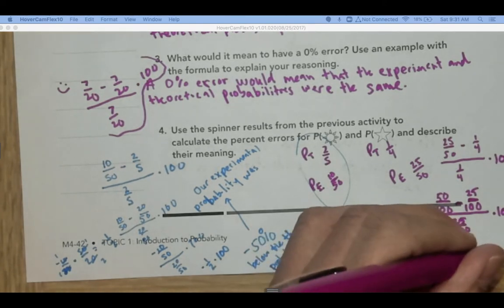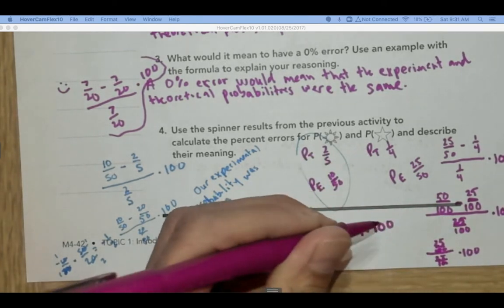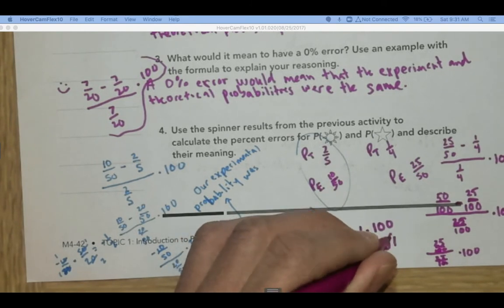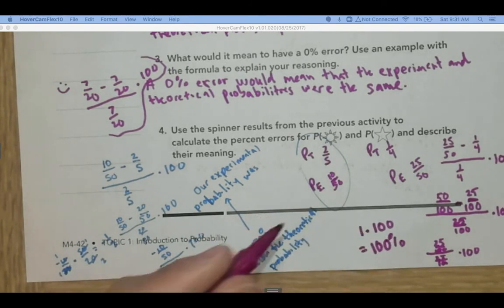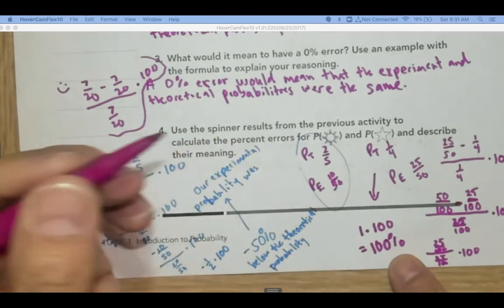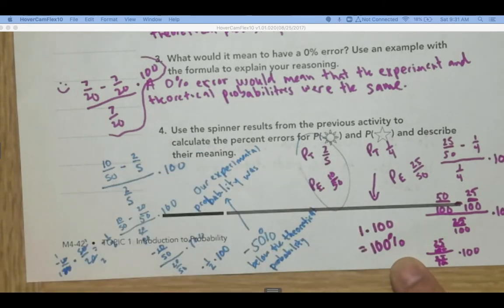So it would be 1 times 100. Or it would be 100%. And so for this example right here with the star, our experimental probability was 100% greater than the theoretical probability.